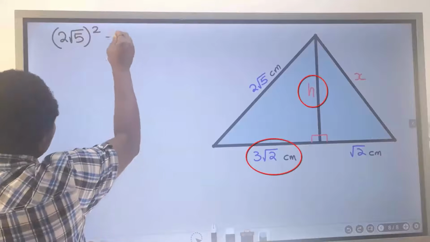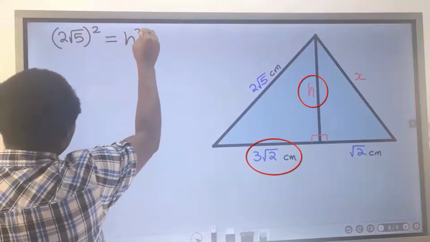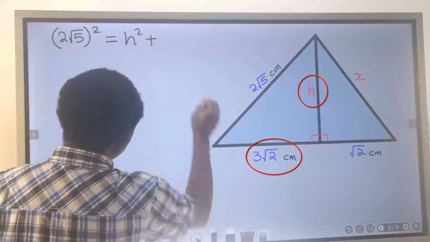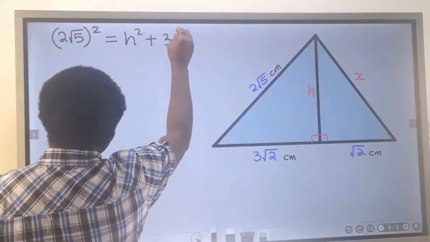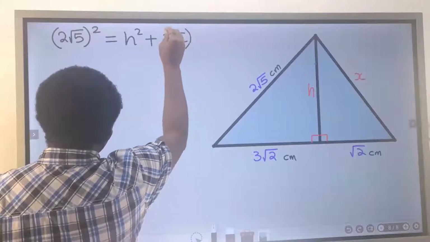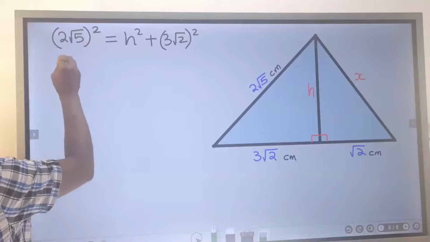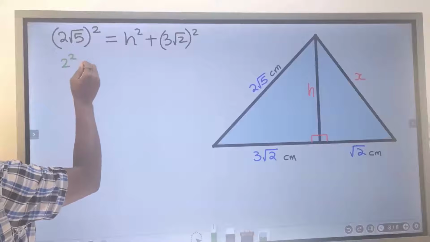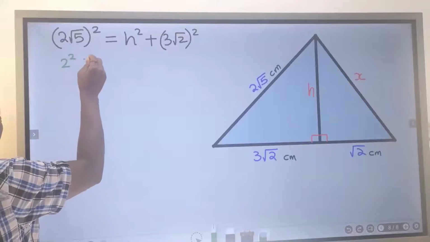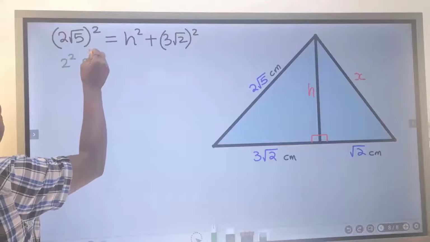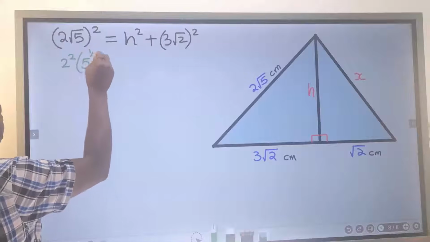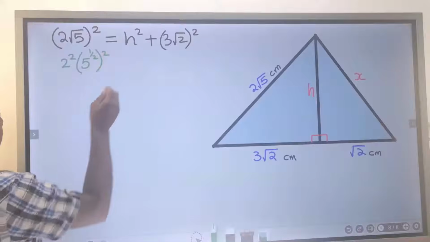Next, I will sum the both remaining sides. Here I have 3 root 2 all squared. Next, this is 2 squared, and this will give us 5 to the power of 1 over 2 all squared.